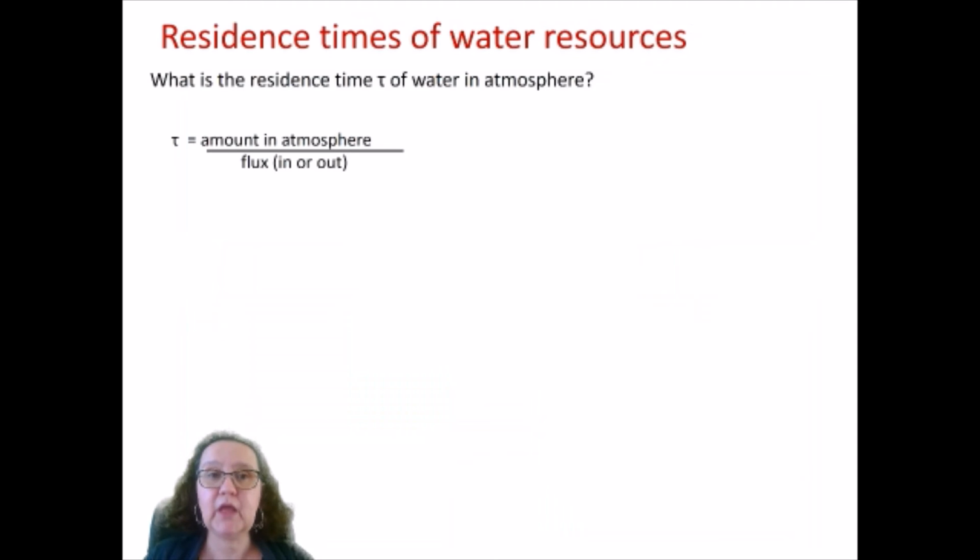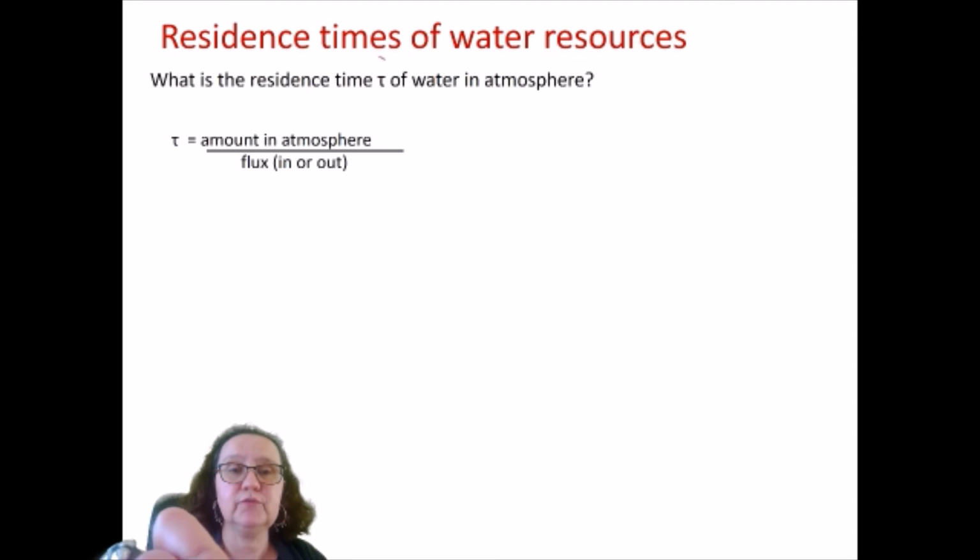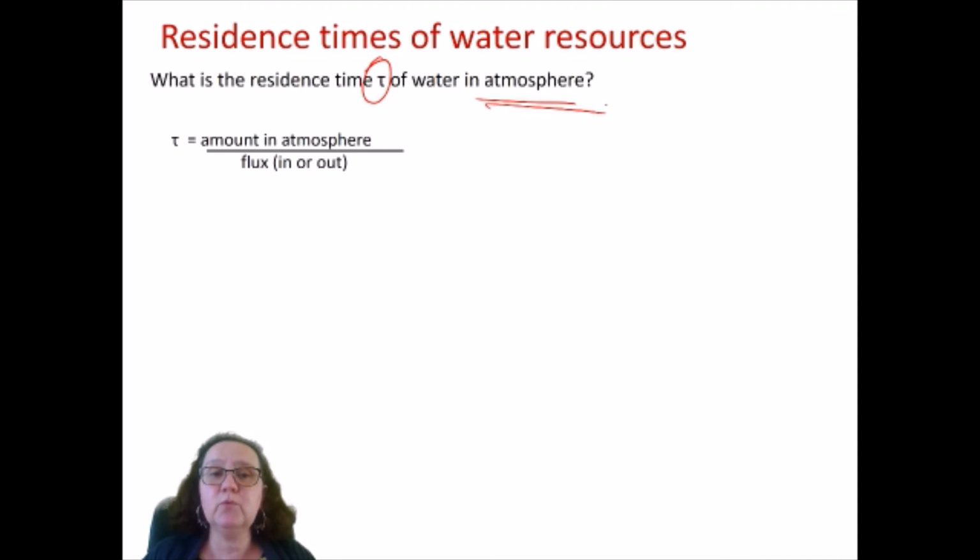So now I'm going to ask you to calculate what would be the residence time, tau, of water in the atmosphere. So the residence time of water in the atmosphere would be how much water there is in the atmosphere, what you called in the previous slide steady state, and the flux, the kilograms per year of water coming in or out of the atmosphere.